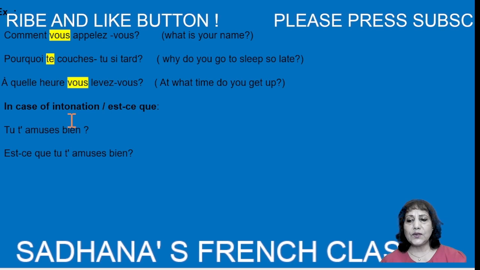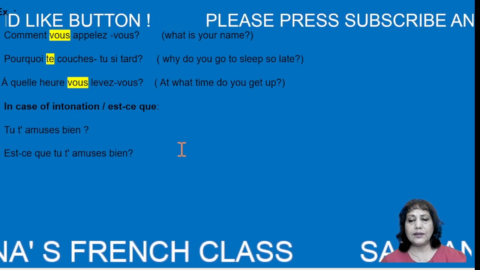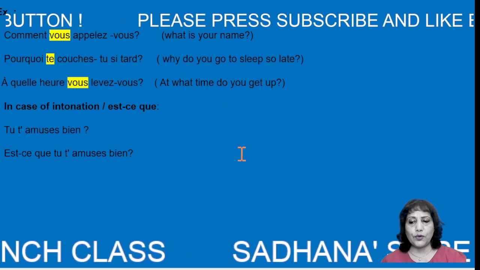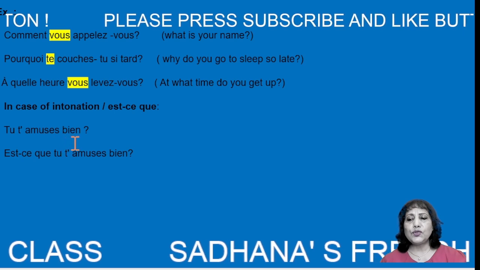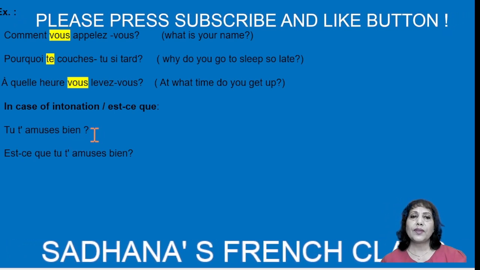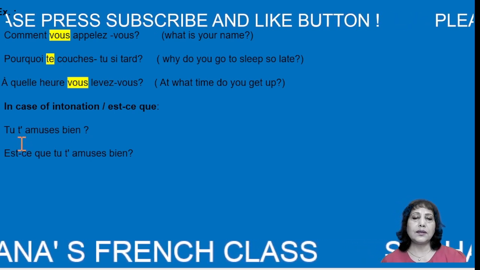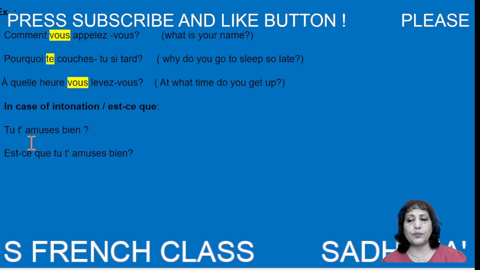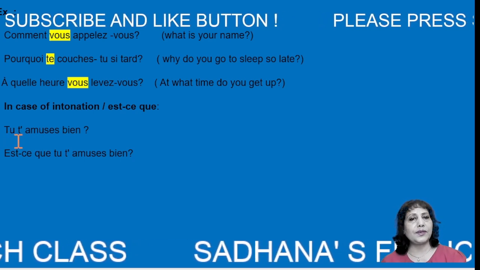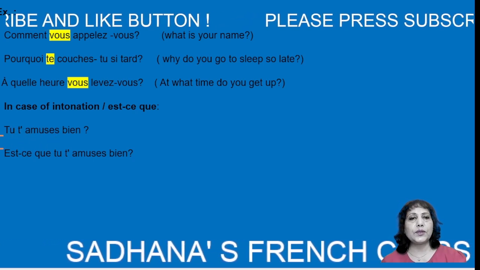In the case of intonation or est-ce que, this is another type of questioning. The previous one is a standard inversion, so use it more and more. Tu t'amuses bien. This is intonation. We just place a question mark. Here the reflexive will precede the verb: subject, then reflexive pronoun, and the verb conjugated with this subject.